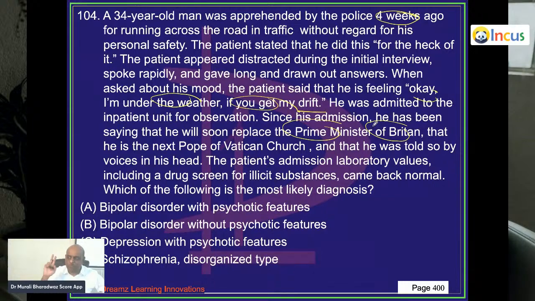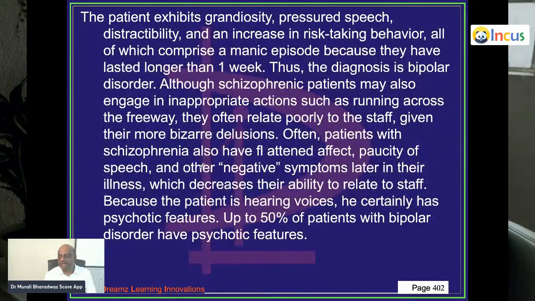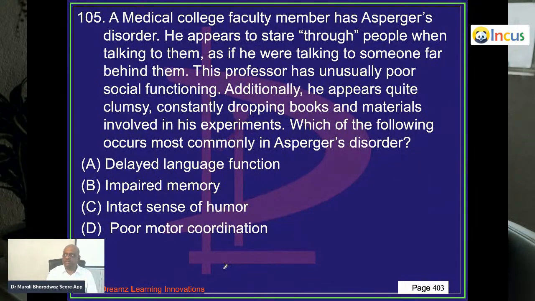And he thinks he will be the next Pope of the Vatican Church. These are called grandiosity, delusions of grandiosity, which is a feature of mania. That is bipolar disorder with psychotic features. Up to 50% of patients with bipolar disorder will show psychotic features.